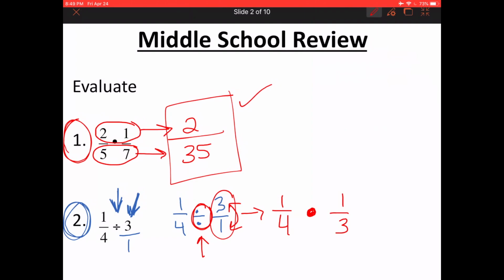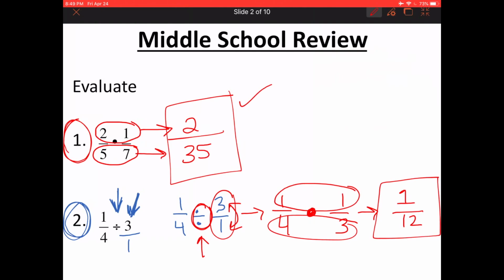So now we can do the same thing that we did in example 1. I just multiply my numerators and I get 1. I multiply my denominators and I get 12. There's nothing for me to simplify, so there's my final answer. Okay, guys? Now this is just review, but hopefully it is ringing some bells, because we're going to apply these same rules now to harder problems.